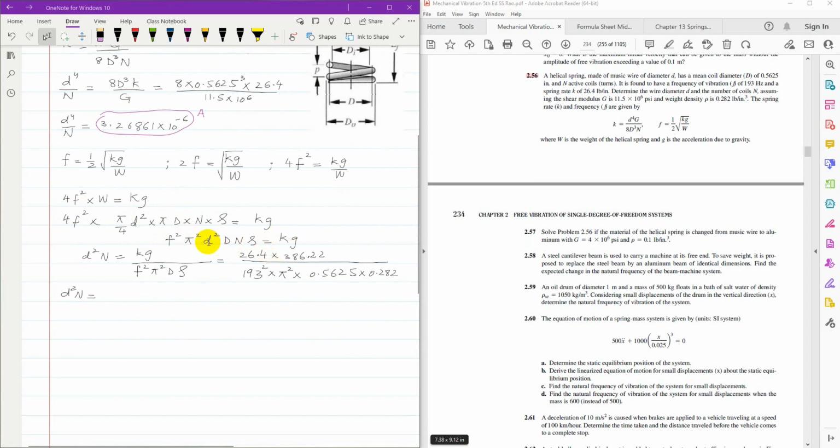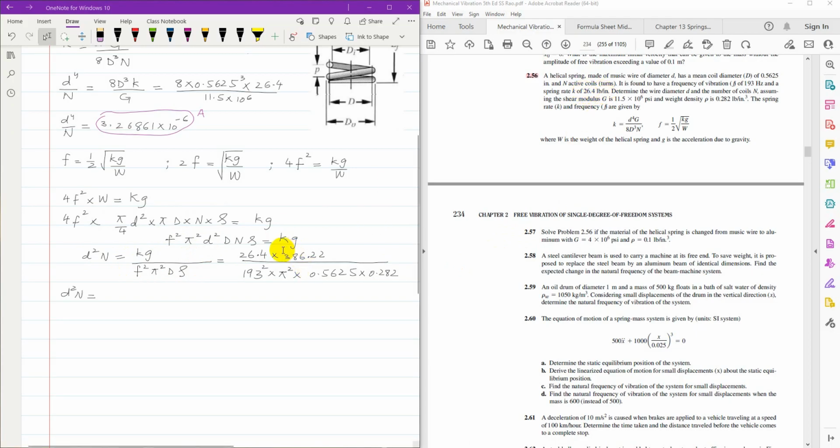So now in this case, lowercase d and n are required, so I'll make them the subject. So you will have kg in the numerator, f squared in the denominator, pi squared in the denominator, d and rho. So now k for the spring is given as 26.4.